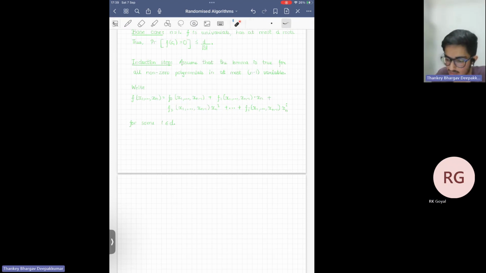Okay, so now let's perform that experiment again. Let's say I picked values for x1 to xn minus 1, and these are c1 to cn minus 1. The moment I fix the values of c1 to cn minus 1, all these become numbers.